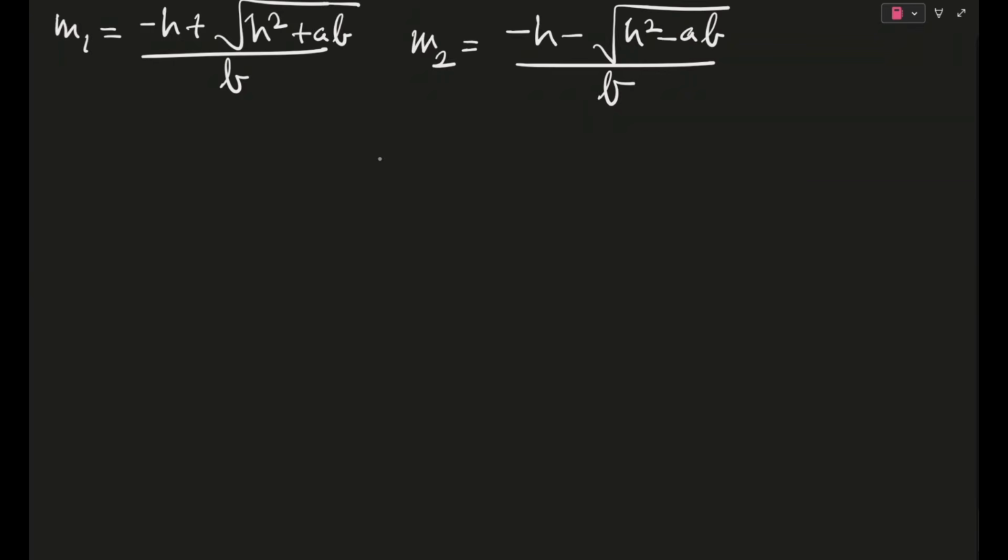Okay, so guys, we have our two slopes ready. So for the time being, let's consider that the line is y equals mx and y square equals 4bx.